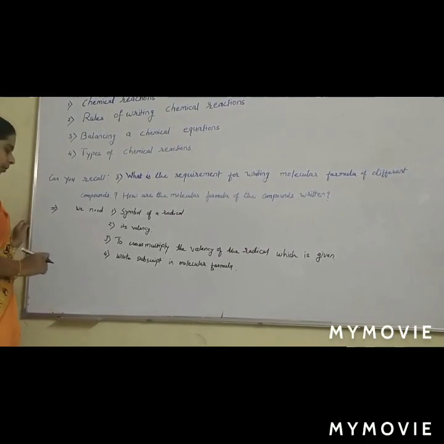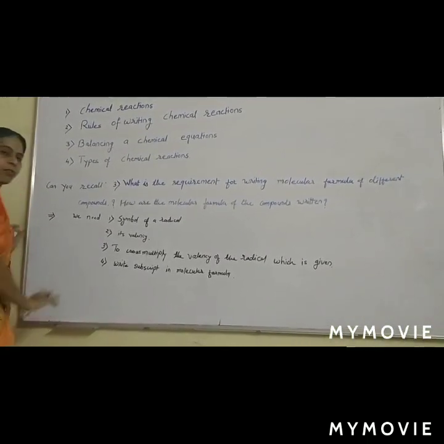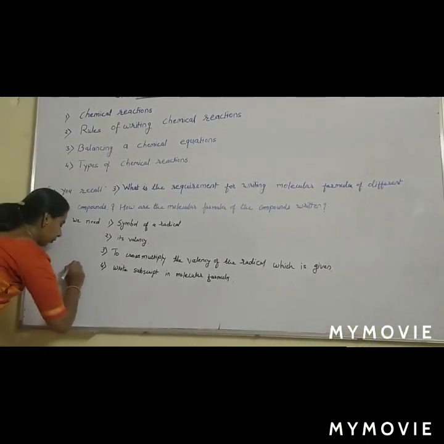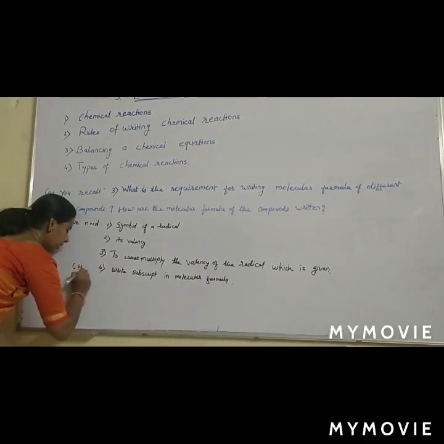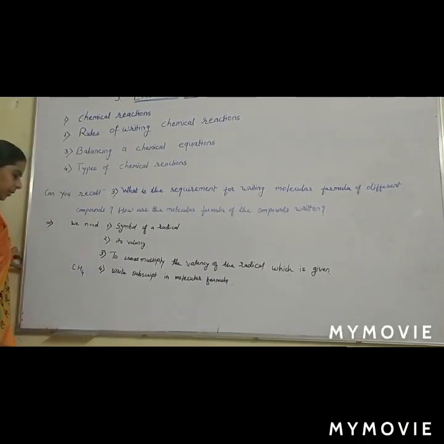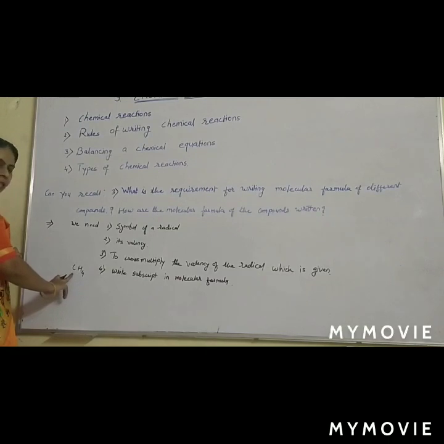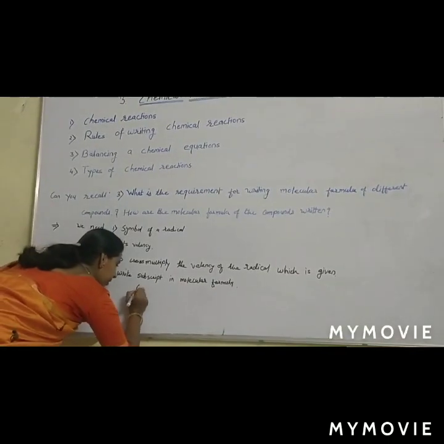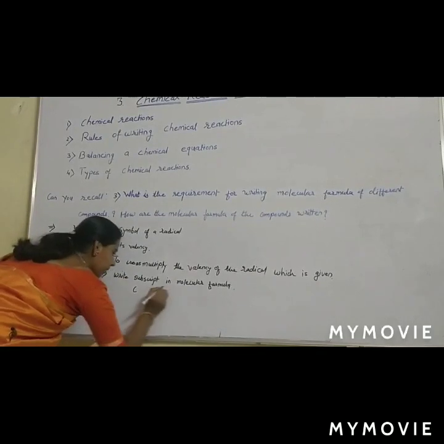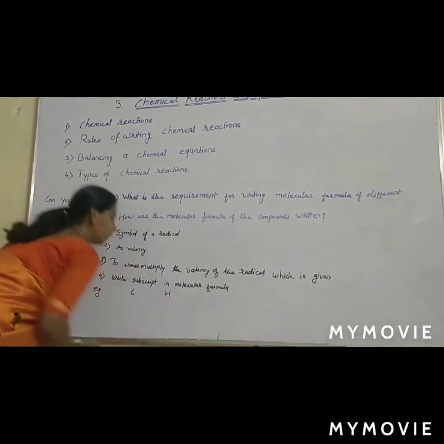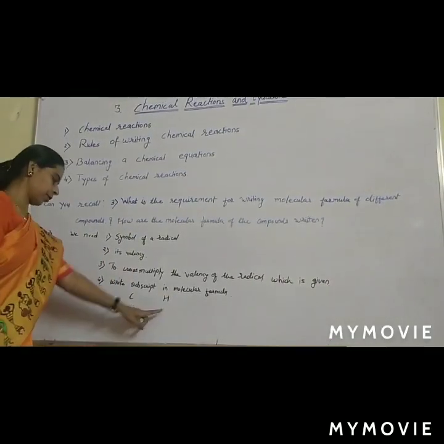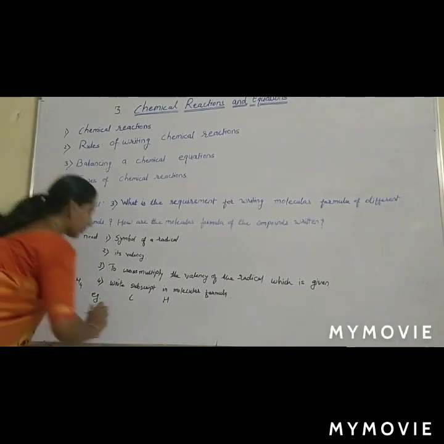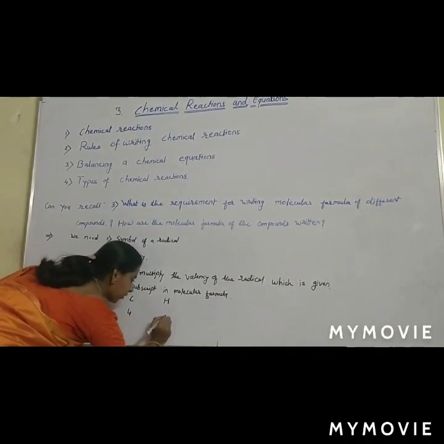Now for writing the chemical formula, suppose we take one example, CH4. The name of this compound is methane. It is made up of two elements, first carbon and second hydrogen. The valency of carbon is 4 and the valency of hydrogen is 1.